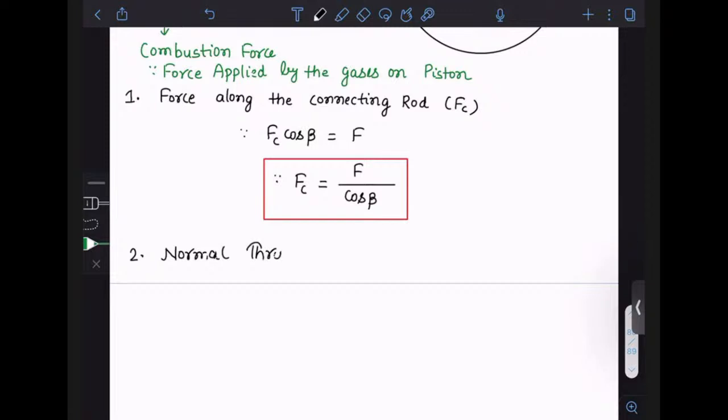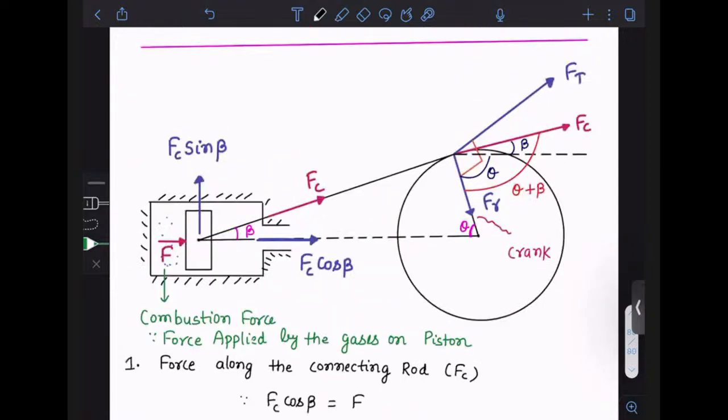Normal thrust on the cylindrical wall. Right. So you see on the cylindrical wall, this is a cylinder. On this wall, the force acting is Fc sine beta, right?